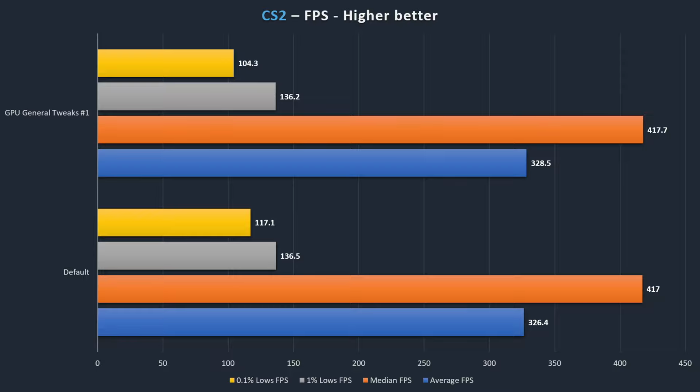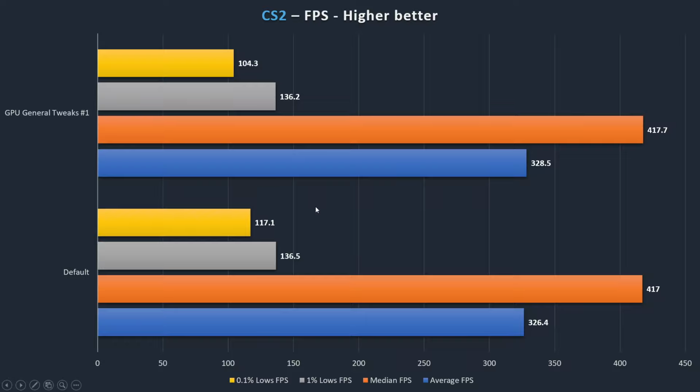In CS2, the most important thing here is the 0.1% low. As you see, we have 10 FPS plus. Actually, we lost 10 FPS plus with those GPU general tweaks in CS2. The other metrics are actually the same, we haven't any difference. But the 0.1% lows are much worse with the tweak, so I don't know if it was a problem with the method or a problem because of this tweak.